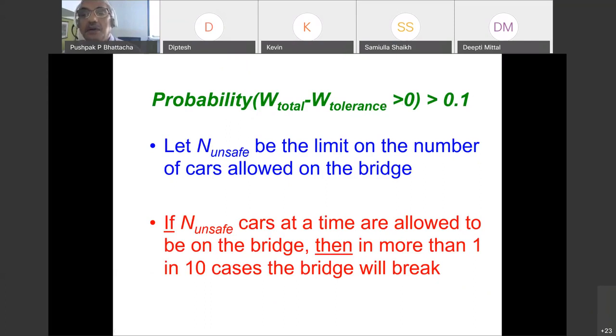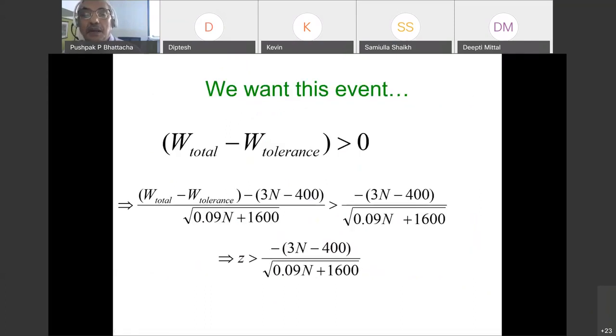So now, having formulated the problem, I apply algebra. W total minus W tolerance being greater than 0, I subtract 3n minus 400. 3n minus 400 is the mean of W total minus W tolerance. W total's mean was 3n, W tolerance's mean was 400.